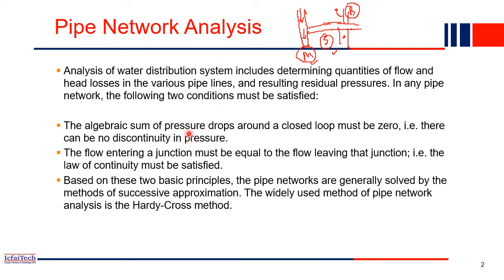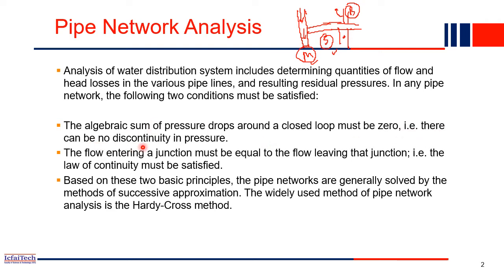In any pipe network, the following two conditions must be satisfied. The first: the algebraic sum of the pressure drop around the closed loop must be equal to 0.